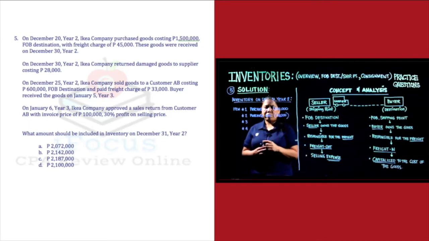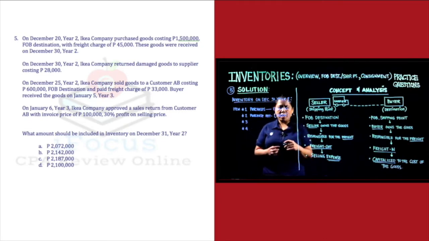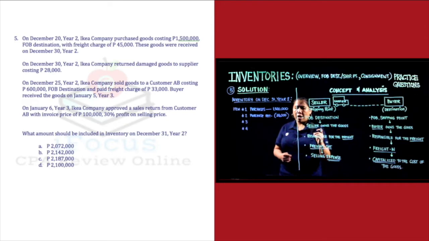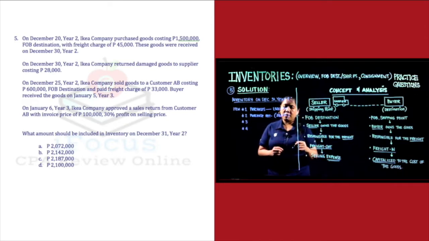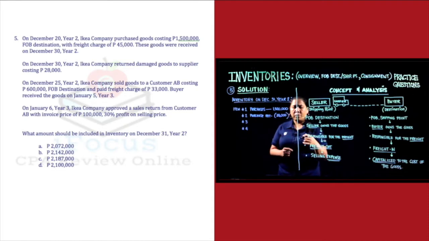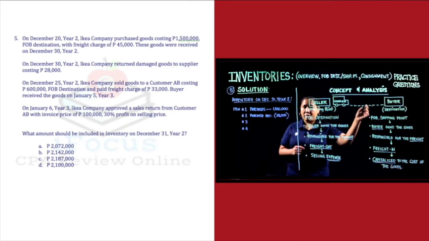Alright? Item number 3. On December 25, year 2, IKEA company sold, so seller siya, to customer AB costing 600,000 FOB destination and paid freight charge of 33,000. Buyer received goods on January 5th of year 3. So, December 25, si IKEA seller siya. Pag-aari pa rin niya yung goods na yon in transit.